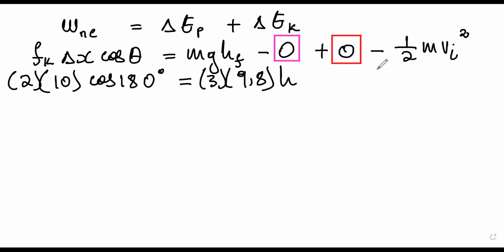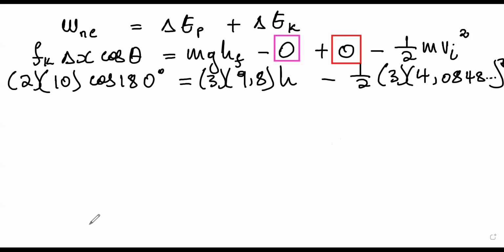And the final height is h. Then we say minus 1/2 into the mass, the initial velocity, which is the velocity at the point P, the one we previously calculated. If you still have it in your calculator, then it's nice. Please put it exactly as it is into your calculator and just square the entire thing so that you don't get a compromised answer.